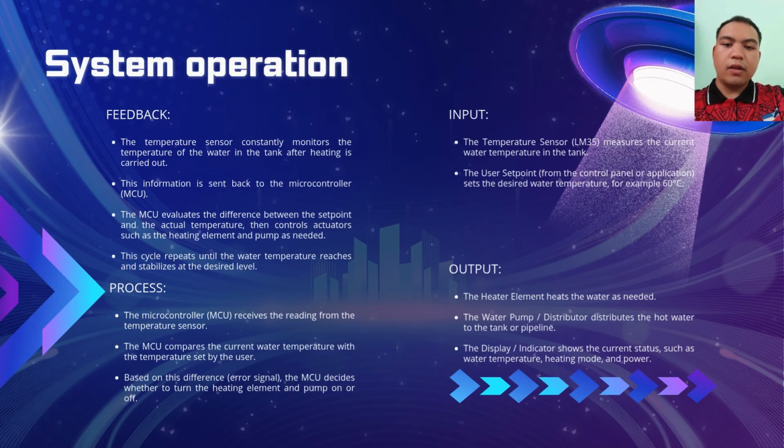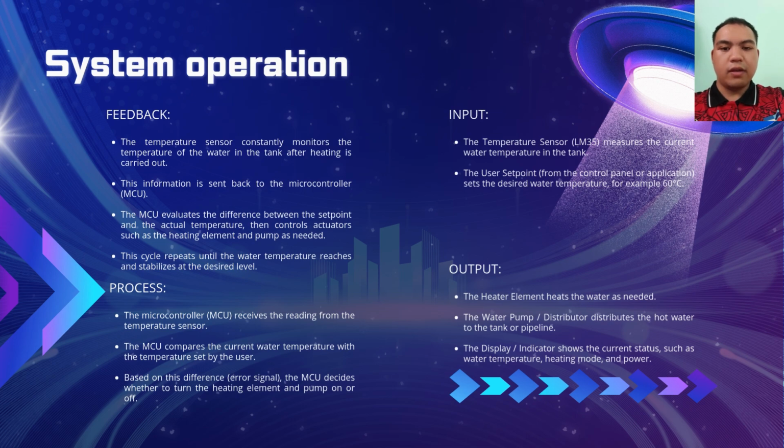Then the user sets the desired water temperature, like 60 Celsius. Then the process. The microcontroller receives the reading from the temperature sensor. The MCU compares the current water temperature with the temperature set by the user.